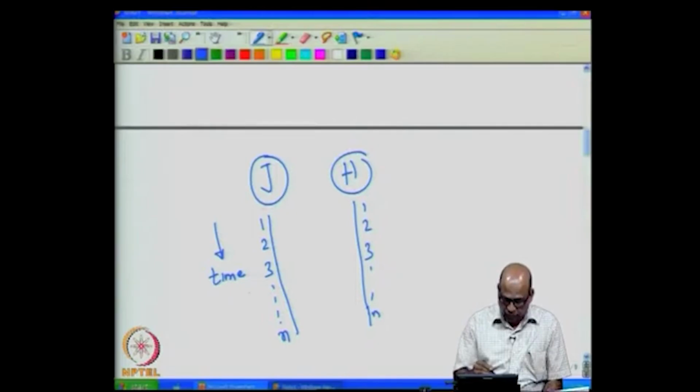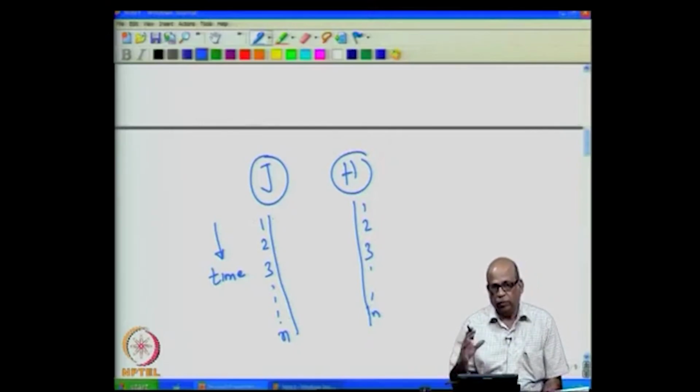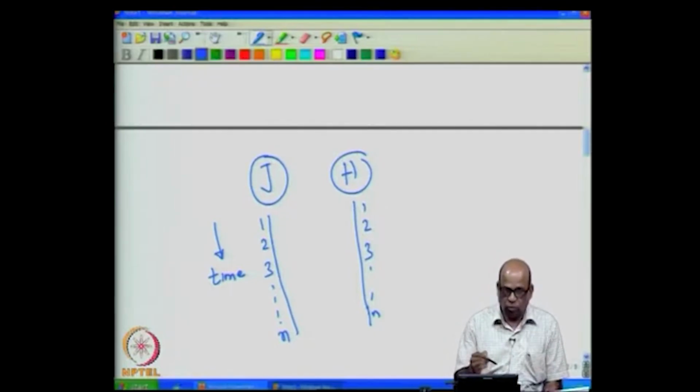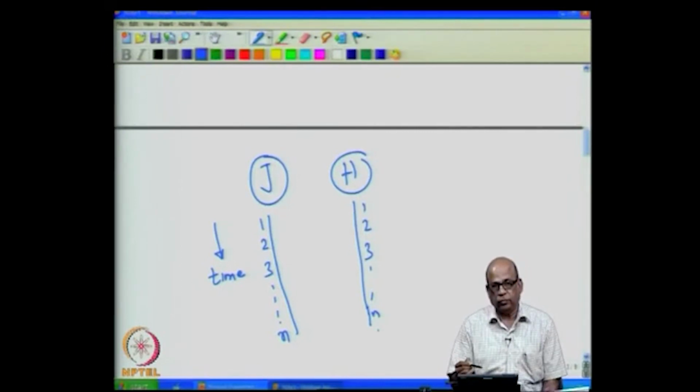The time series on J, that is x j, has its own serial correlations, that is rho k for various k's, lag is equal to 1, lag is equal to 2, etcetera, it has its own autocorrelations. Similarly, the site H has its own autocorrelations. I use autocorrelation and serial correlation analogously, so both of them mean the same thing.